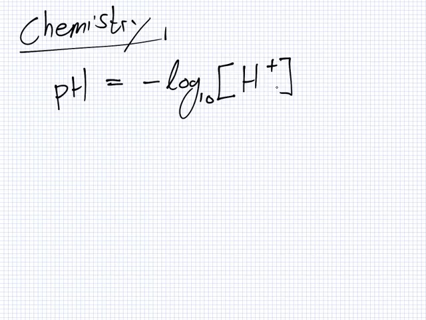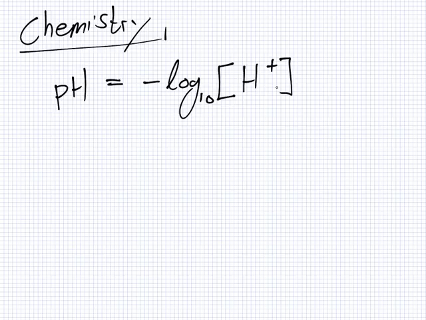Yeah, moles per liter. So this is the definition. Listen. This is the definition that I'll use for pH level. Minus log base 10, concentration level of H plus, H positive ions then, yep.